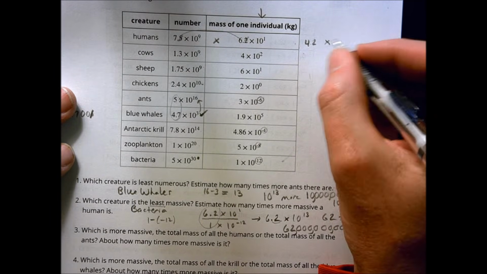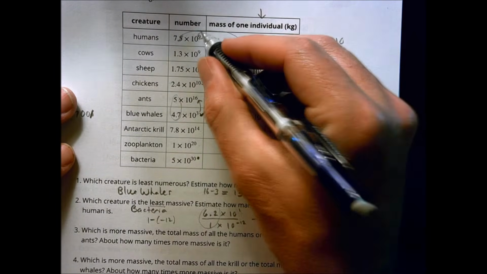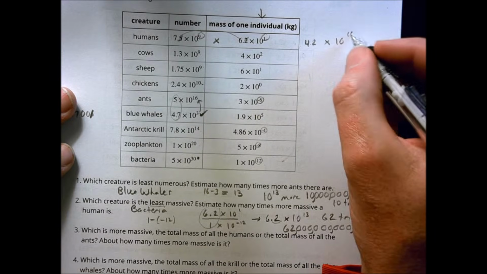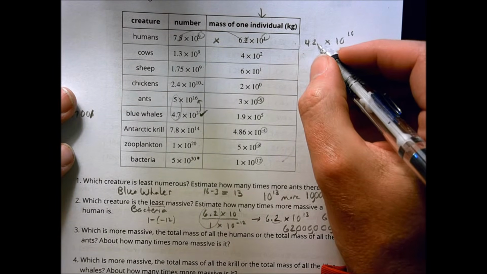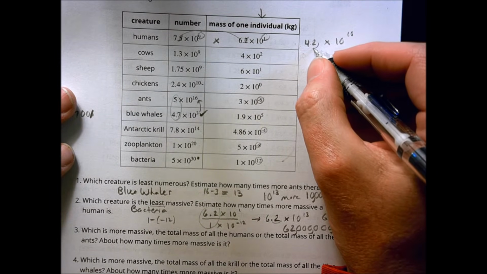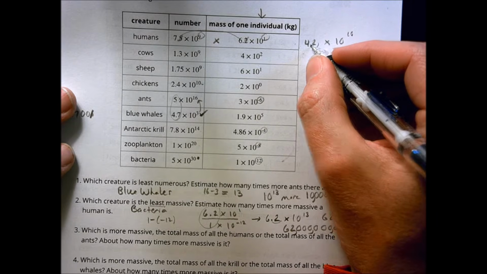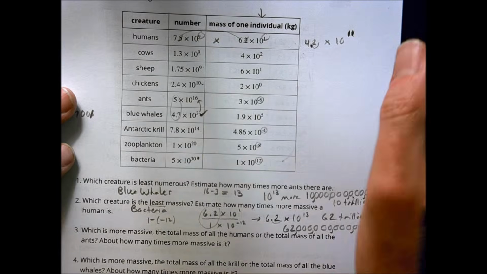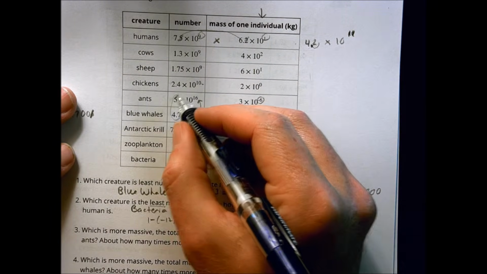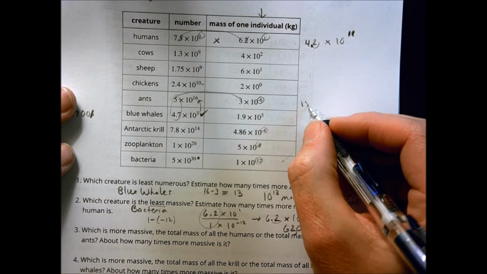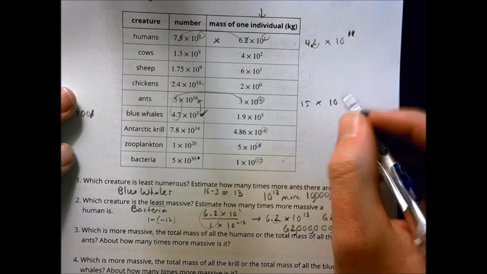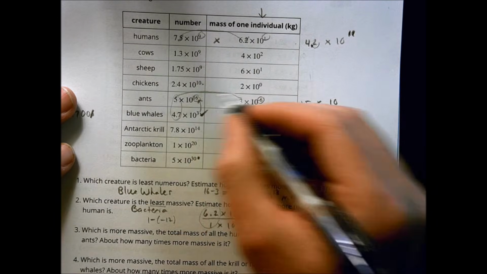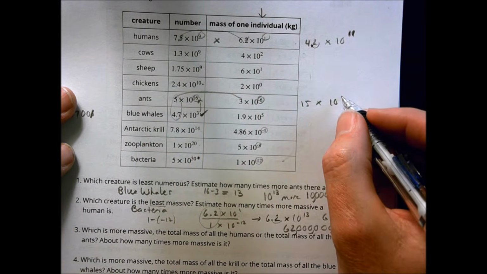And this is times 10 to the, we're going to add those up, 10th power. I don't want to leave it as a 42, so I'm going to move that over one spot and make it 4.2. And if I'm going to the left, this goes up: 4.2 times 10 to the 11th. Now for the ants, we're going to do 5 times 3 is 15 times 10 to the, and again we're going to add this up, 16 plus minus 6 is the 10th power.